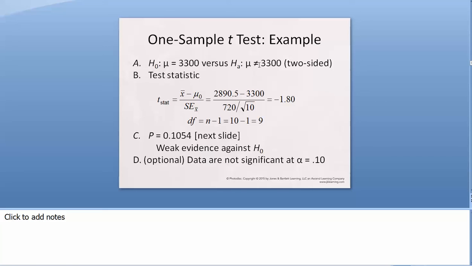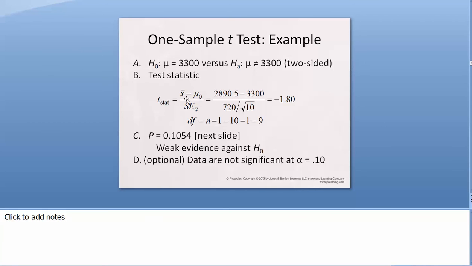These slides are from the book, so I'm sticking to that. So this means we are testing whether the average actual birth weight of SIDS babies is not equal to 3300. So this is a two-sided test.